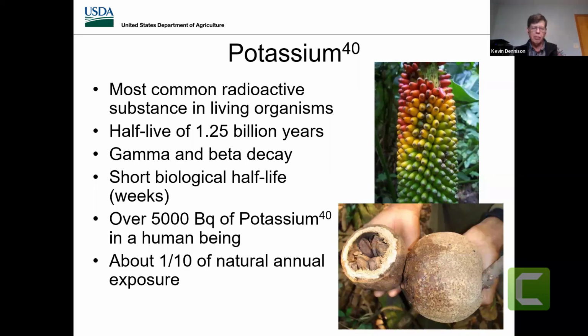You don't want to stop taking in potassium because you're worried about the radiation from potassium-40. Only about one out of every 10,000 potassium atoms is potassium-40, and if you stop taking in potassium, you'd eventually die. Some foods that are high in potassium are bananas and plantains, and this is Brazil nuts here, which is probably the highest potassium food there is.